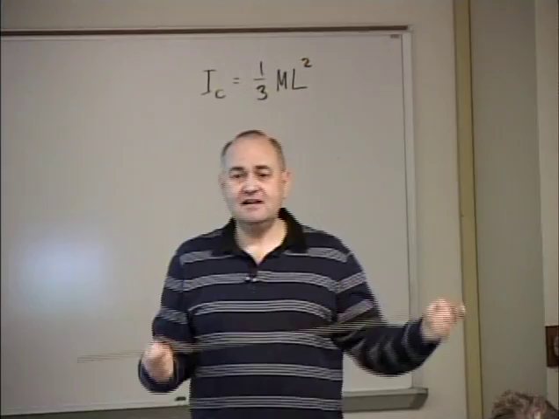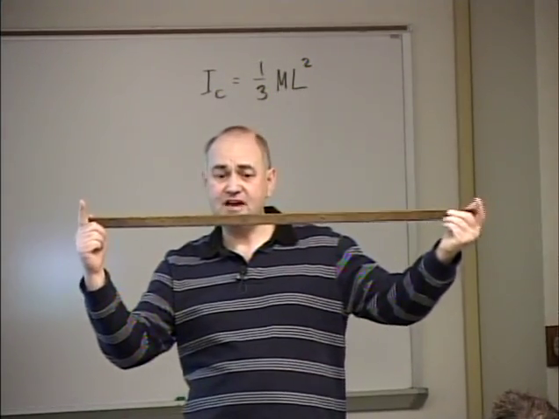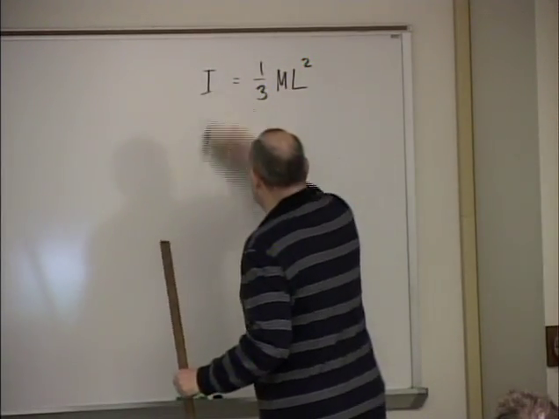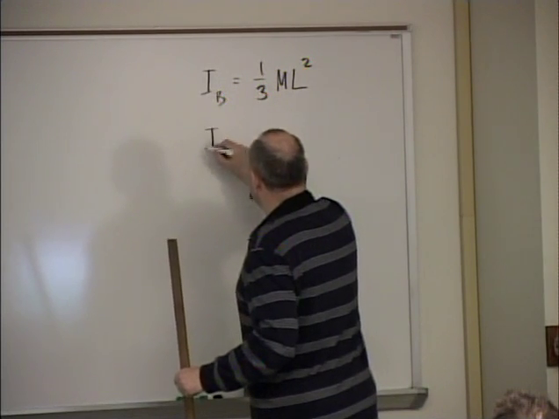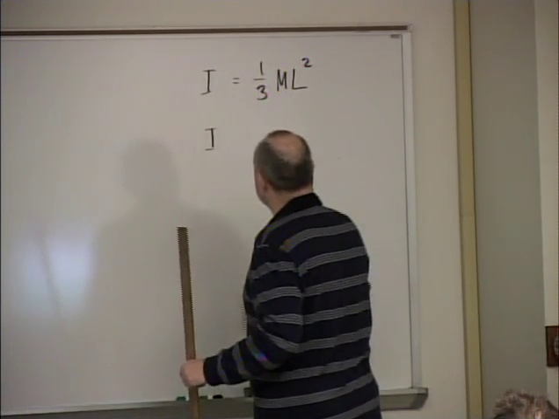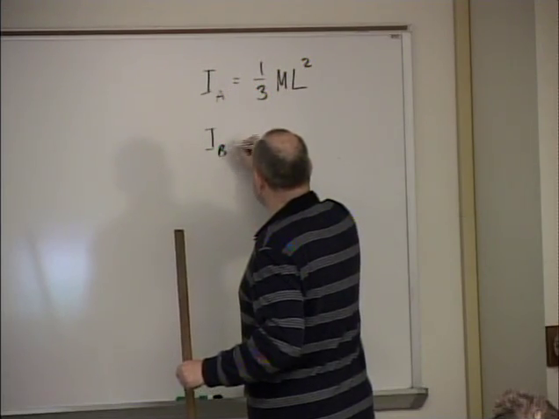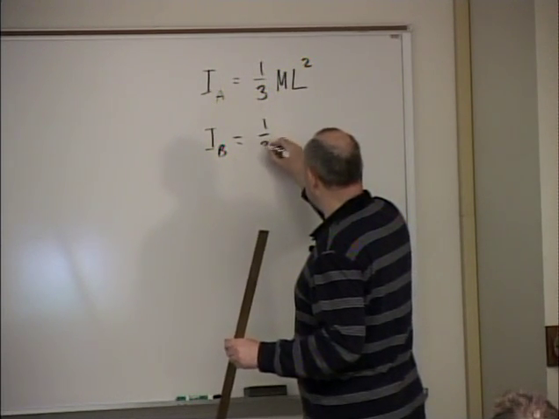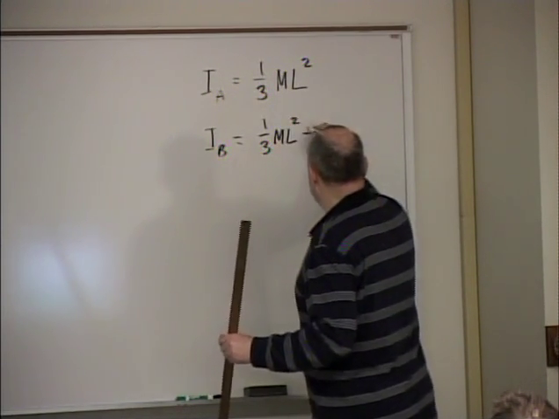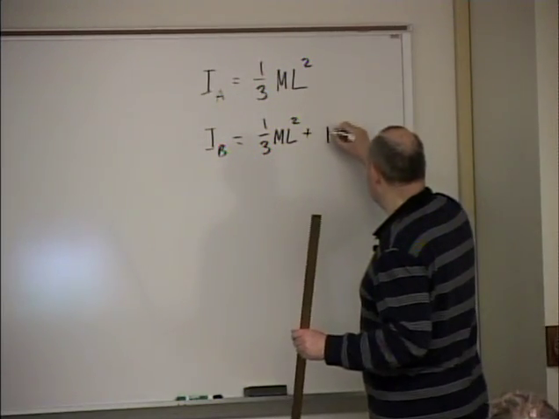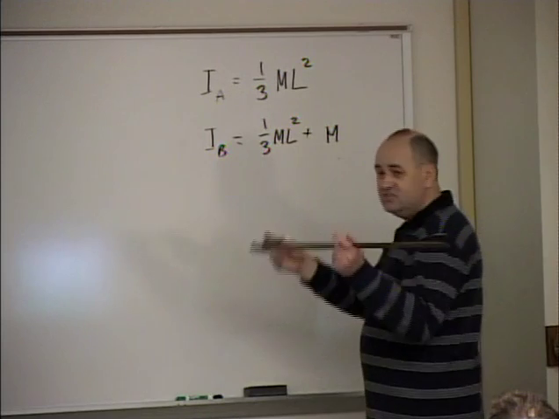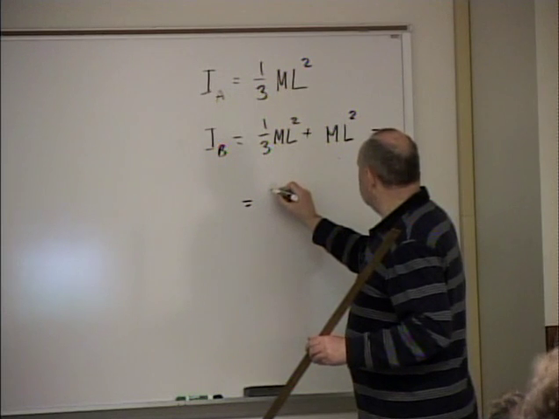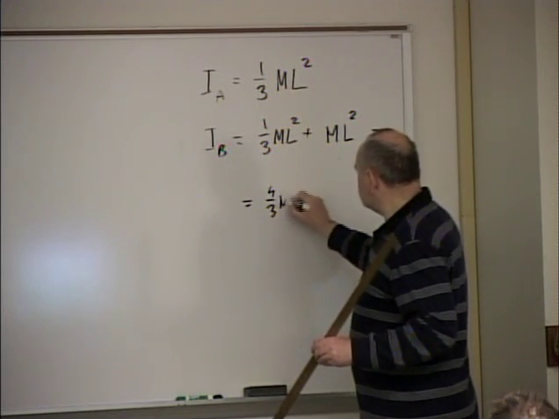So I will use the parallel axis theorem to find the moment of inertia about the other end. So let's call them A, B. Sorry. I'm calculating the moment of inertia about the other end. So it's the moment of inertia about the first end plus the mass of the rod multiplied by the square of the distance between the axes. So it is 4/3 mL squared.